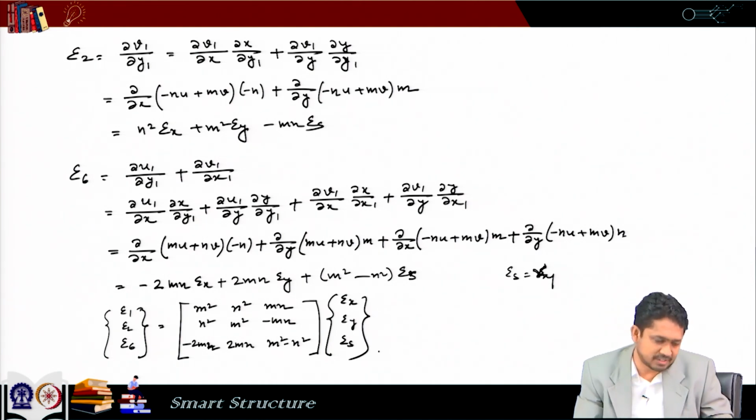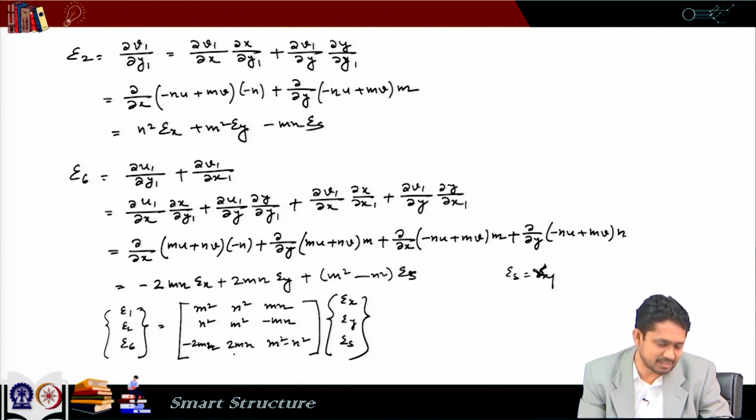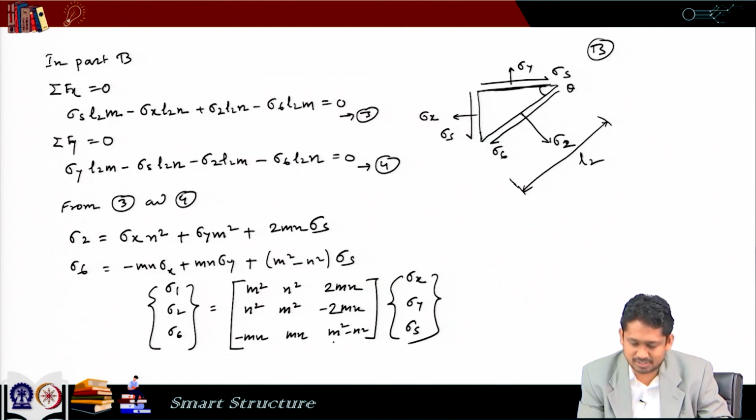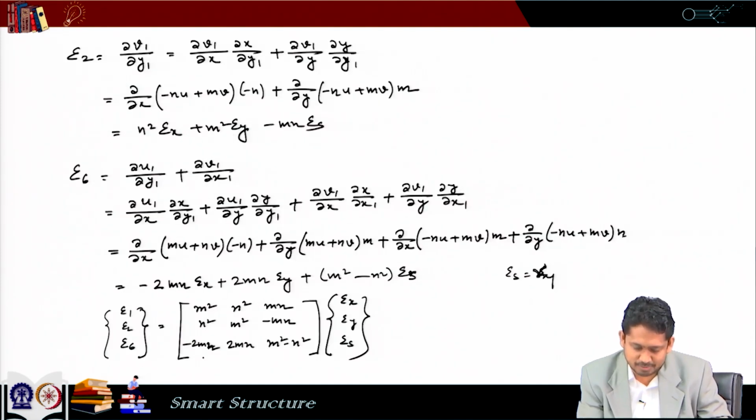Now, if we compare this relation with the stress strain relation which we got before, if we look at this matrix which transforms the strains with respect to x y to the strain with respect to 1 2, and compare it with the previous matrix which does the strain transformation, we can see some difference. We have 2's here and we do not have 2's here, whereas here we do not have 2's, but here we have 2's.